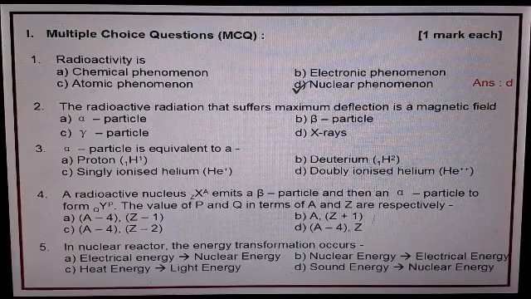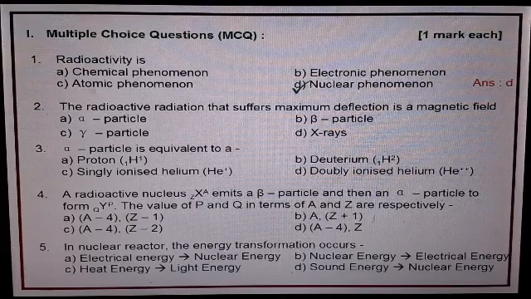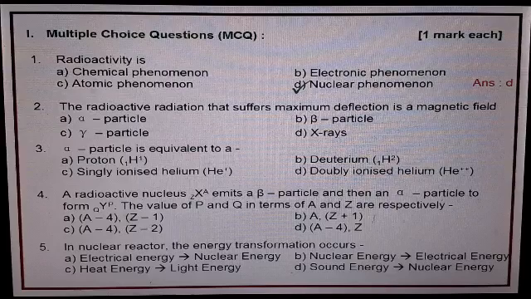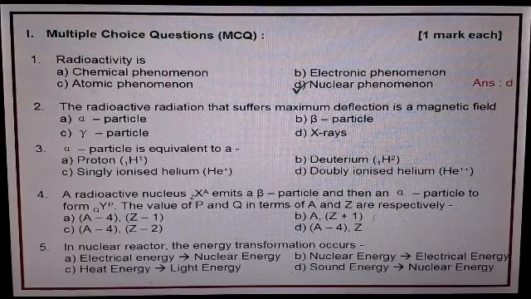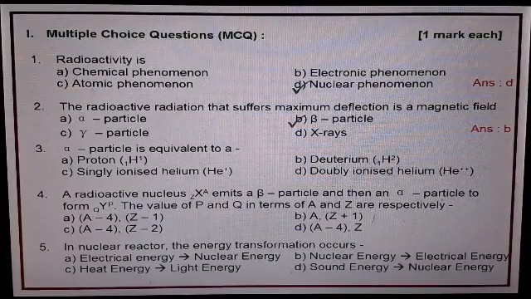Second one, the radioactive radiation that suffers maximum deflection in magnetic field. See, in magnetic field, I have also explained in the previous videos that maximum deflection occurs in beta particle because of their light weight. So the answer would be B, beta particle.